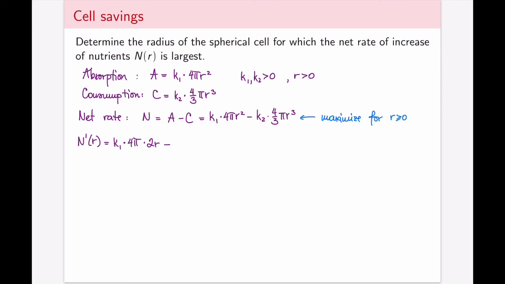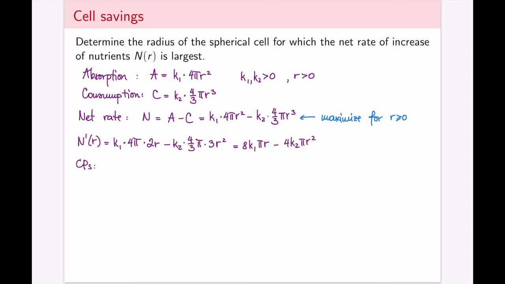I'll rewrite all of the constants first: k2 times 4/3 pi, and then the derivative of r cubed, which is 3r squared. Now let's clean this up a little bit by combining constants. I'm going to have 8k1 pi r minus 4k2 pi r squared. Excellent, this is now my derivative.